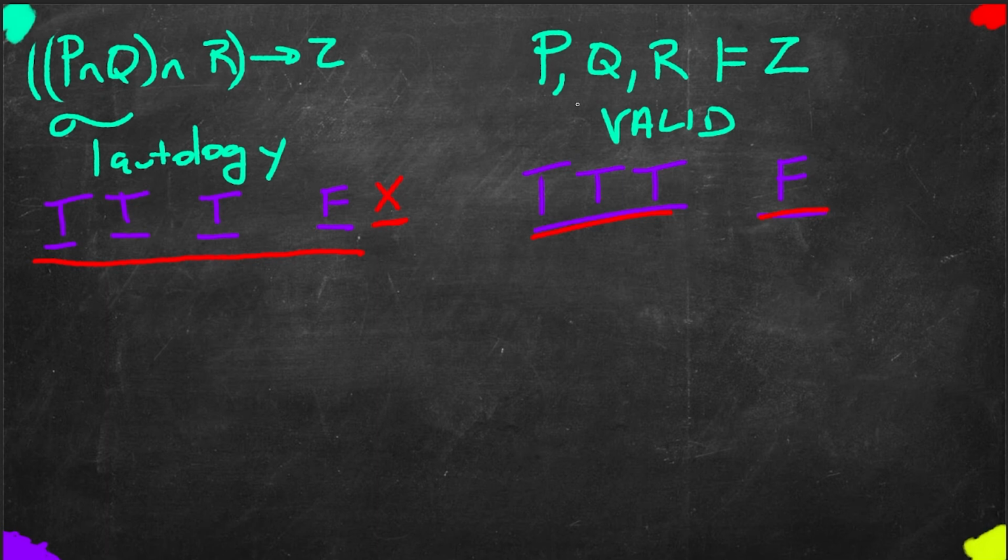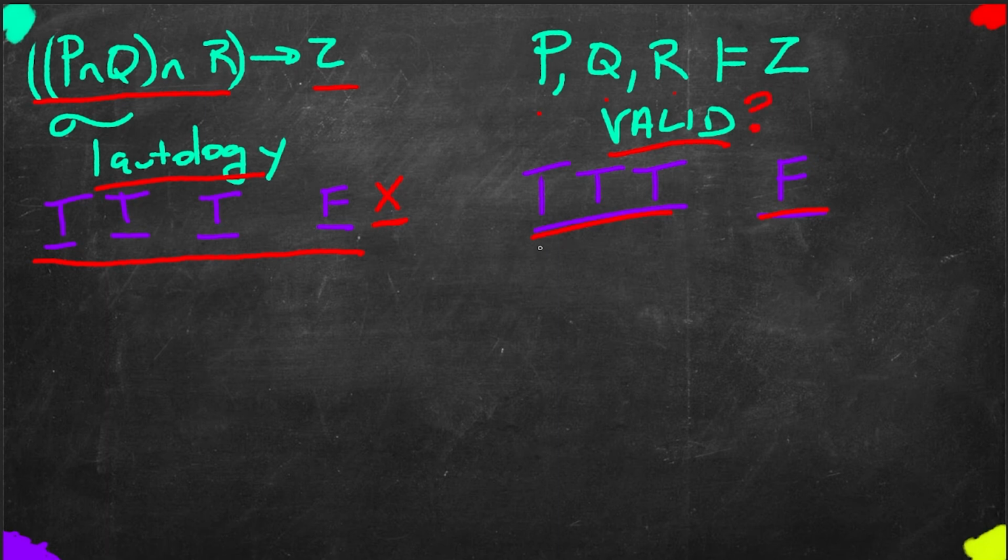So provided P isn't true, Q isn't true, R isn't true, and Z isn't false, then we would have a valid argument, because this is the only assignment of truth values to these letters that would make the argument invalid. So the question is, if this formula P and Q and R, then Z is a tautology, is this argument right here valid?